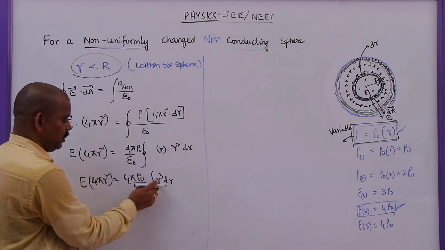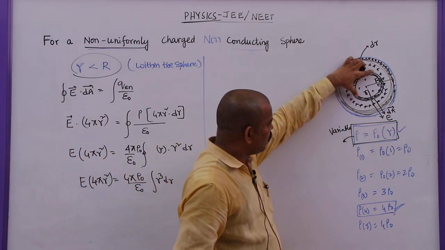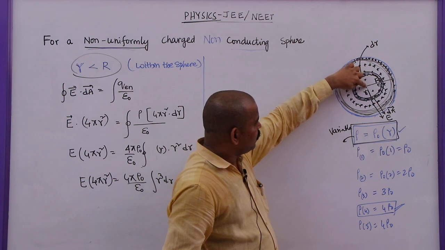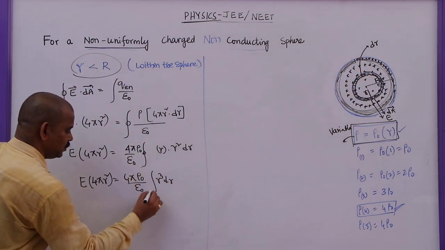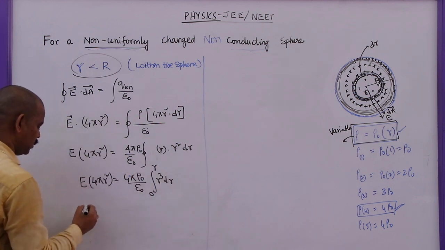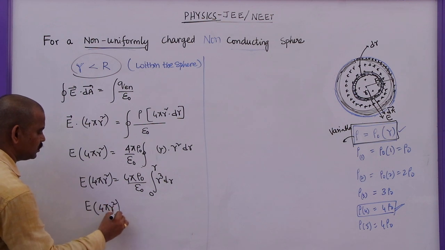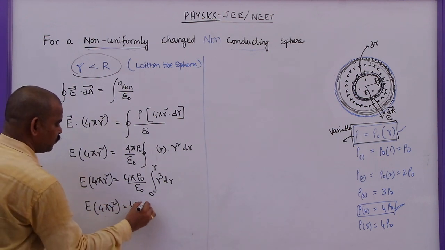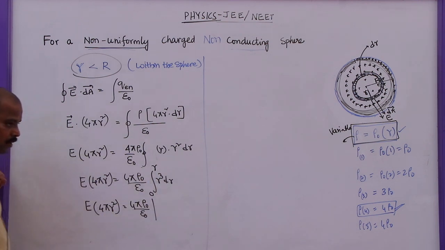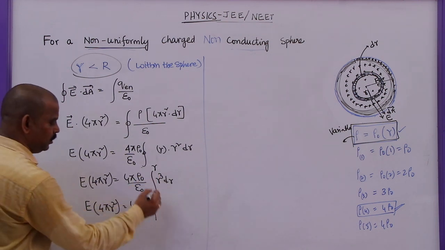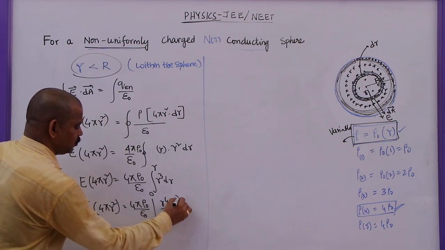Here, as we are finding the field within this small volume, the minimum limit is 0 and the maximum limit is small r only. So the limits are 0 to small r. So E into 4 pi r square is 4 pi rho naught by epsilon naught times the integral of r power 3 dr. By integration you will get r power 4 by 4 with limits 0 to r.